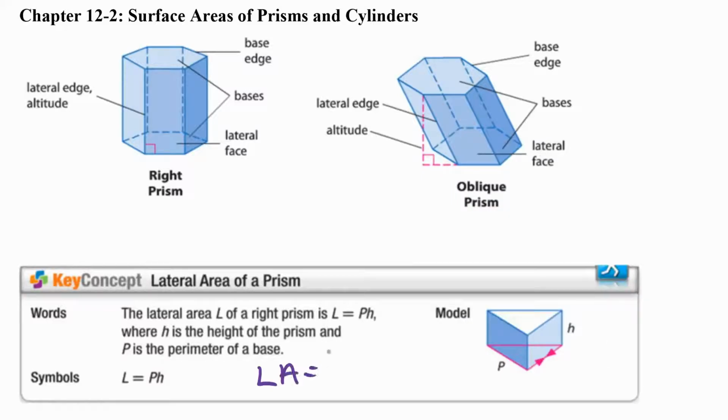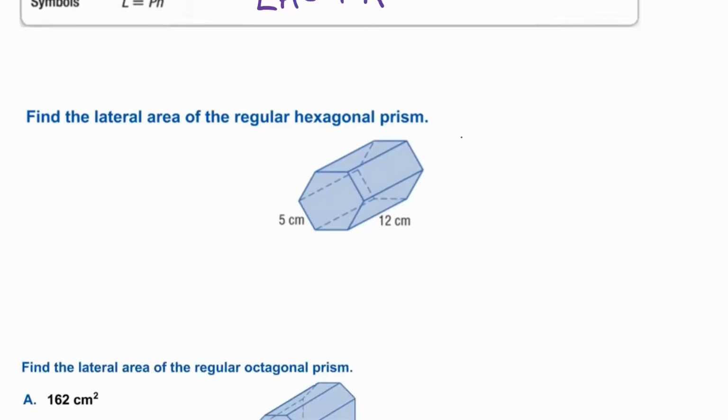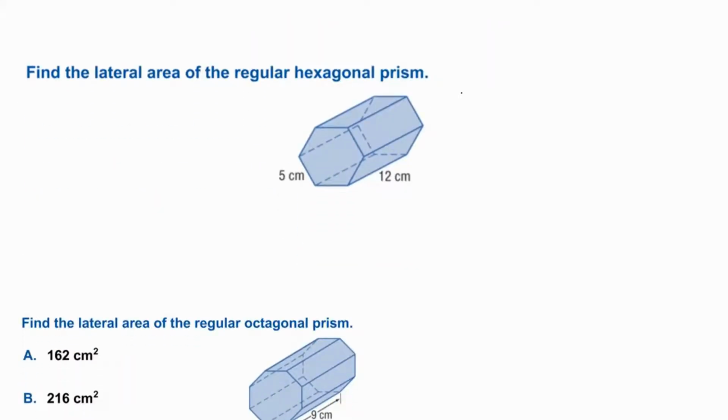So to find the lateral area, we would take the perimeter of the base and multiply it by the height. We want to find the lateral area of this prism. The bases are hexagons. So to find the perimeter, a hexagon has 6 sides, and each side is 5 centimeters long.